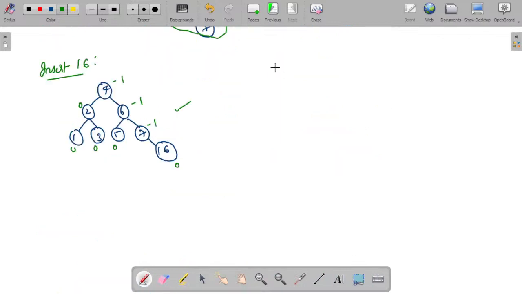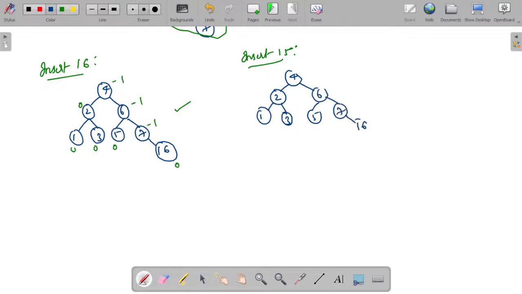Okay, so we will insert 15 now. First we will consider the present tree, which is 4, 2, 1, 3, 6, 5, 7 and 16.